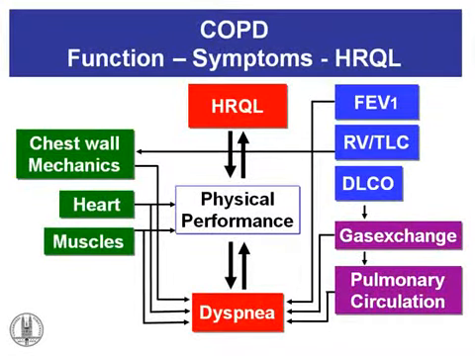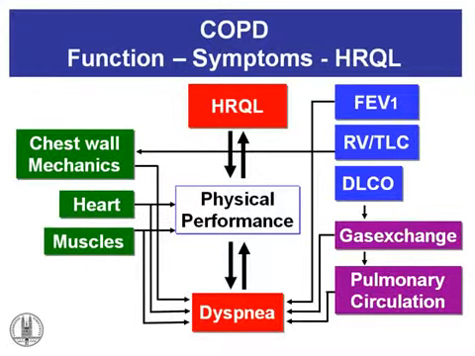And this chest wall mechanics is a key factor for patients to develop dyspnea. But furthermore, this has also an influence on the heart and also on the whole circulation.